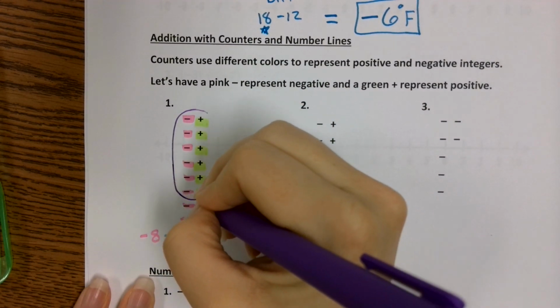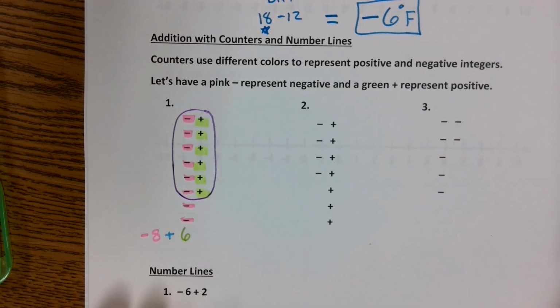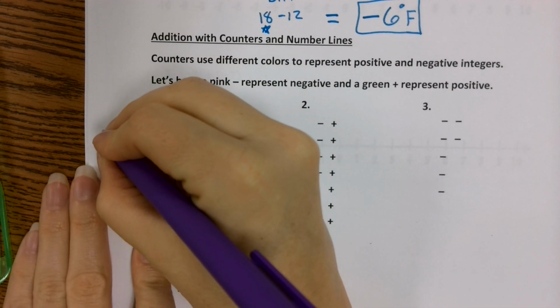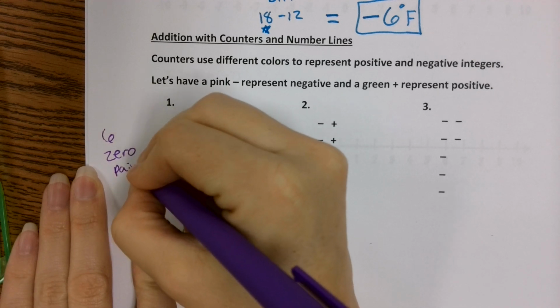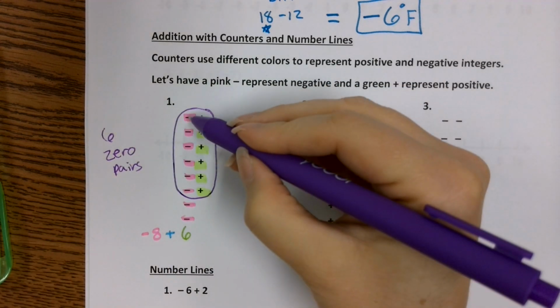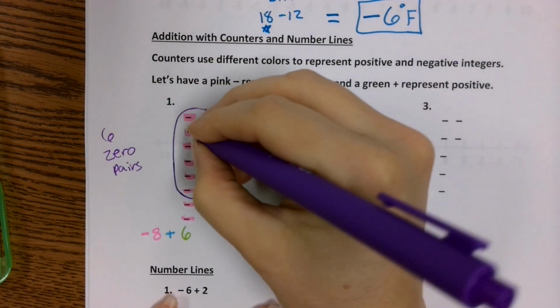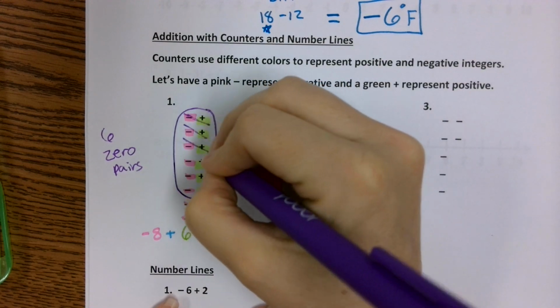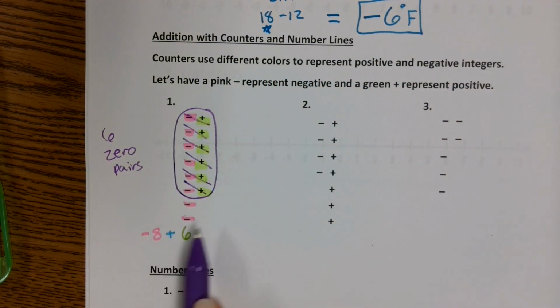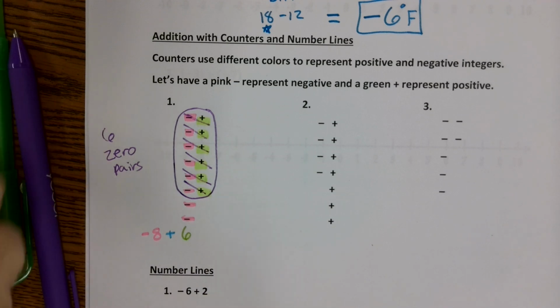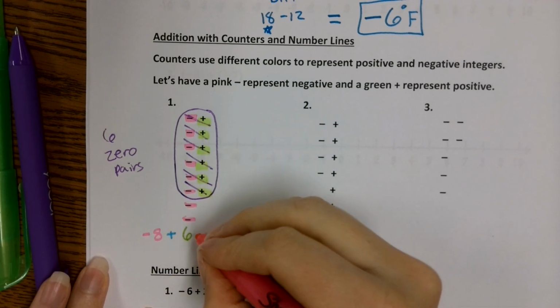If I go ahead and circle this cluster right here, it represents the 6 0 pairs that I am able to create. Okay, for every negative, I have a positive that I can go ahead and cross off. I can cross all of those off, and what I'm left with is 2 negatives. So that's my answer.